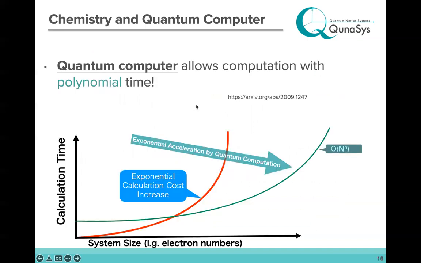Most importantly, it has been found that quantum computers have the potential to perform calculations in polynomial time. As shown in this figure, a classical computer requires exponential time, like this red line. But a quantum computer can accelerate it to polynomial time, like this green line.